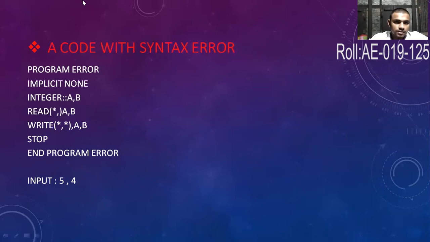Next, look at the write statement. Here an extra comma is used. So this program has 2 syntax errors. If we run this program, the compiler shows us 2 errors: one at the read statement, and one after the write statement. So that is a syntax error.